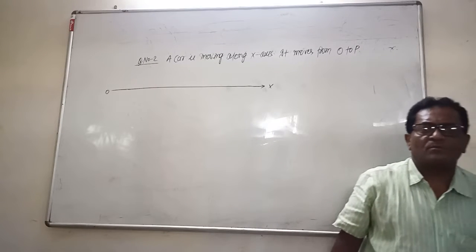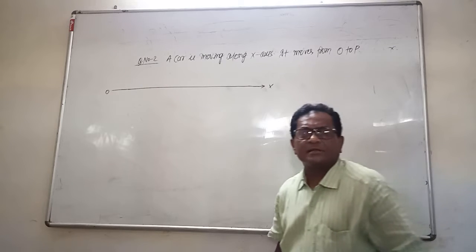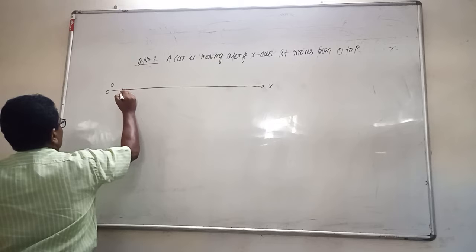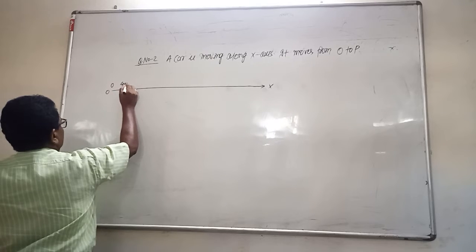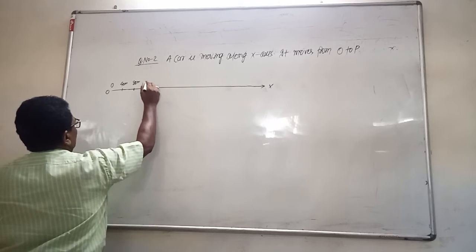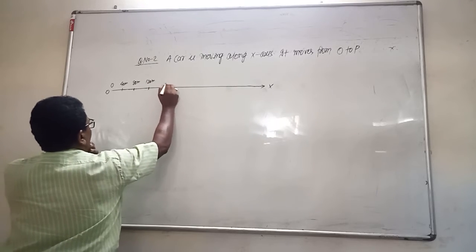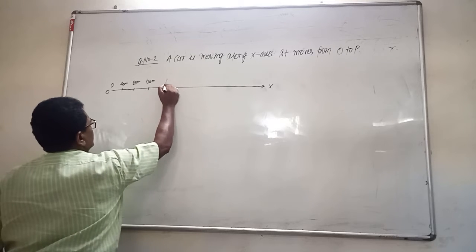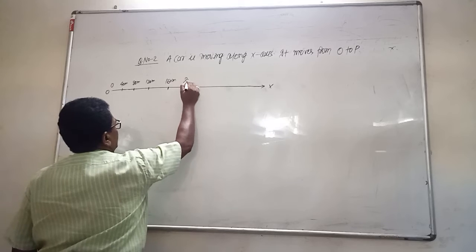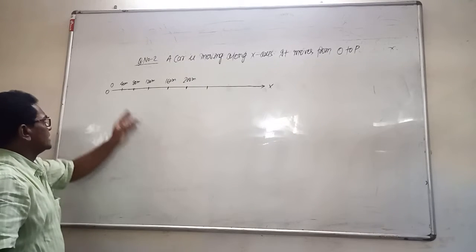It has started from O and it reaches P, and the distance covered is, this is 0 meter, 40 meter, 80 meter, 120 meter, 160 meter, 200 meter. There is a gap of 40 meter.